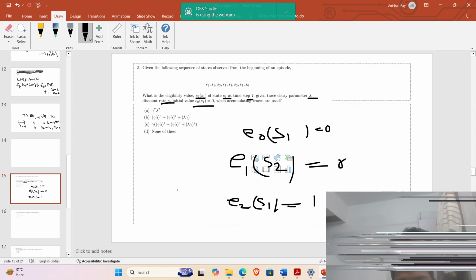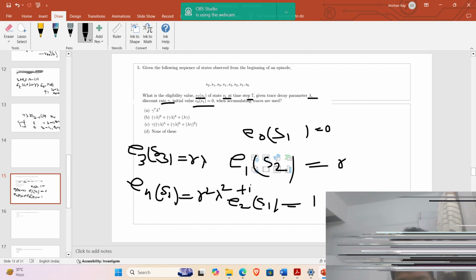Next what you have is E3(S3). Not a desirable state, so it will just decay, so gamma lambda here. Next we have E4(S1), again our desirable state, so gamma square lambda square plus 1.